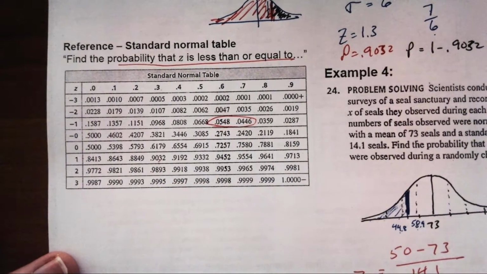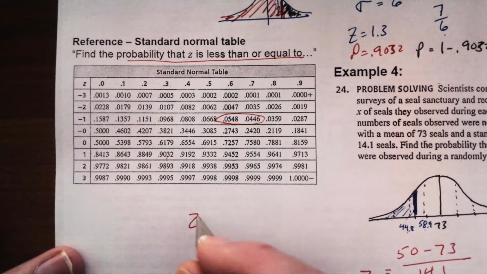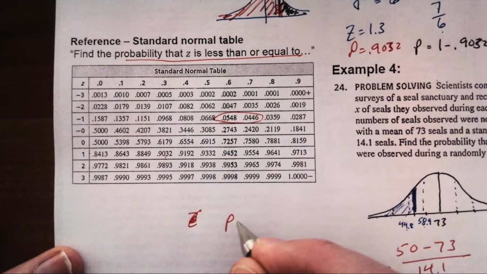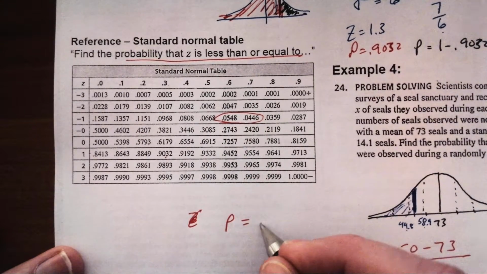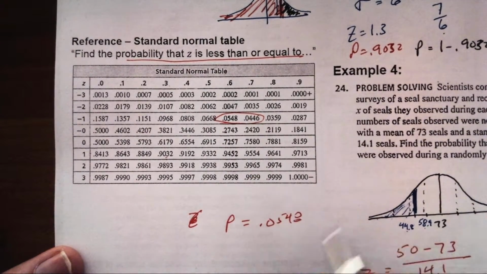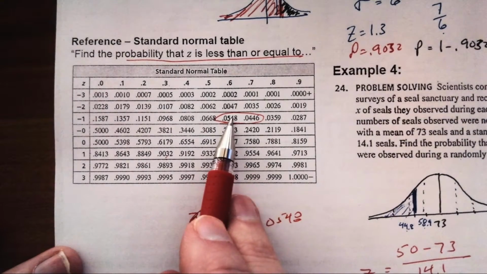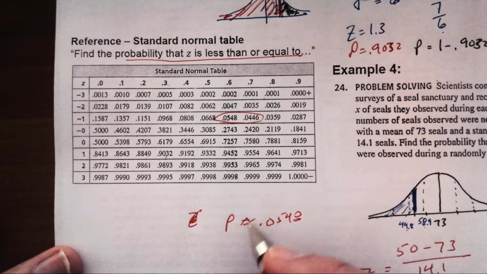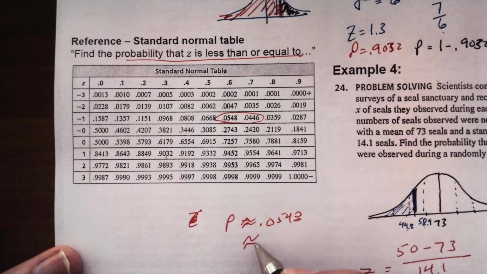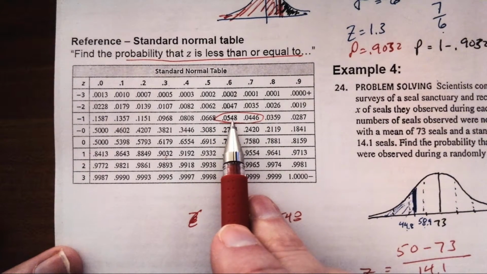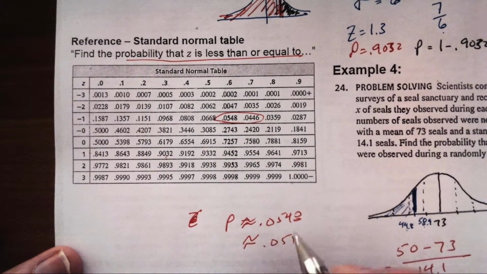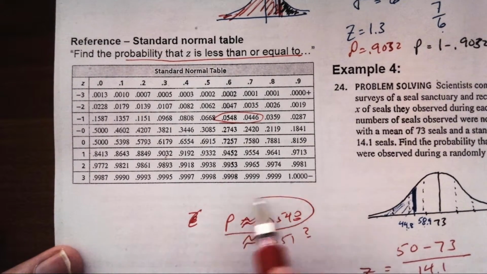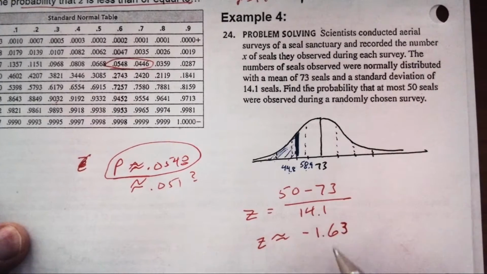So it would not be technically wrong to say the probability equals 0.0548, or approximately 0.05 or 0.051. For our purposes right now, we'll just use whatever it rounds to.